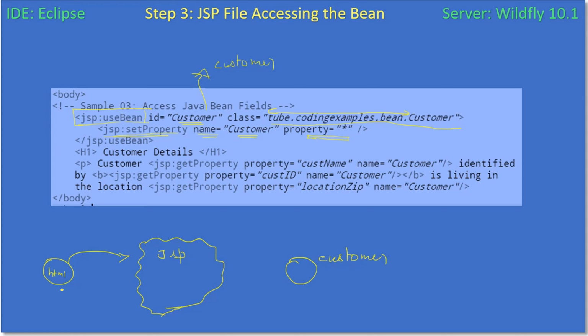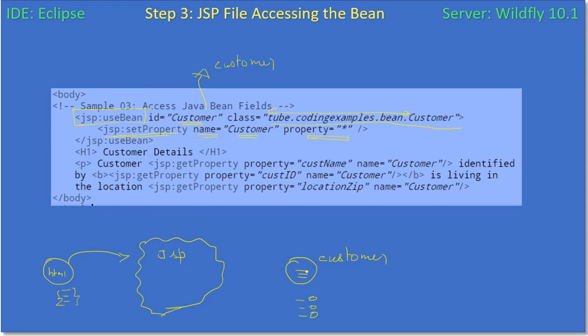What happens? Here we have 3 fields, right? Those 3 fields will automatically get matched with the 3 private fields here. Of course, we have the getter and setter methods. So the tag will make use of those public exposed getter and setter methods, and it will set the properties.